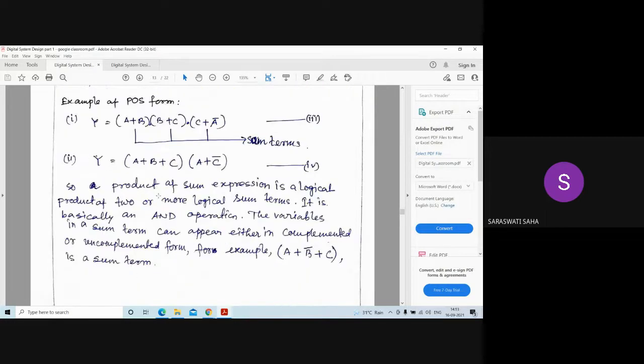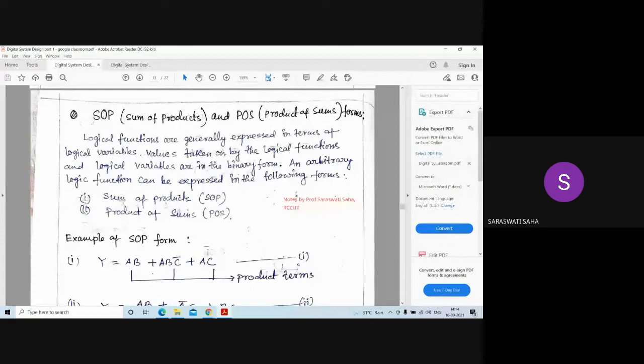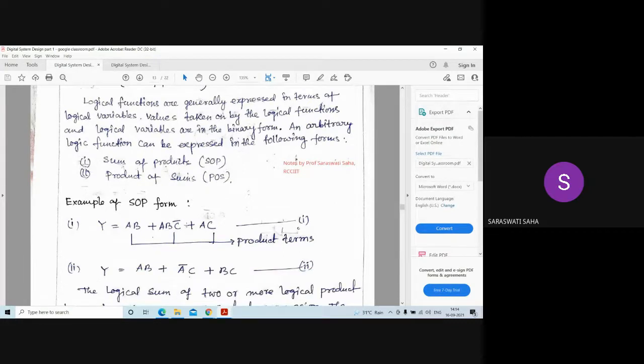Here is another example of product of sum form, say A plus B plus C, which is an OR term, and this is another OR term, and they are in product between them. Now this kind of representation is not given in the standard form.